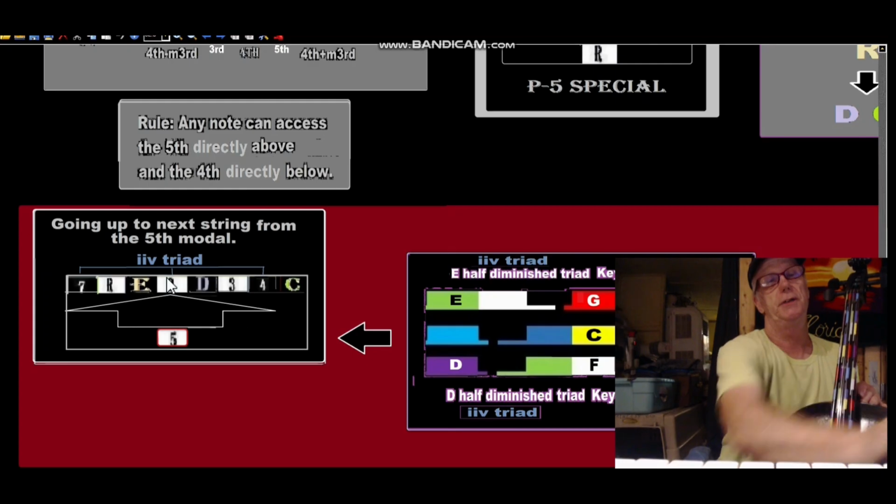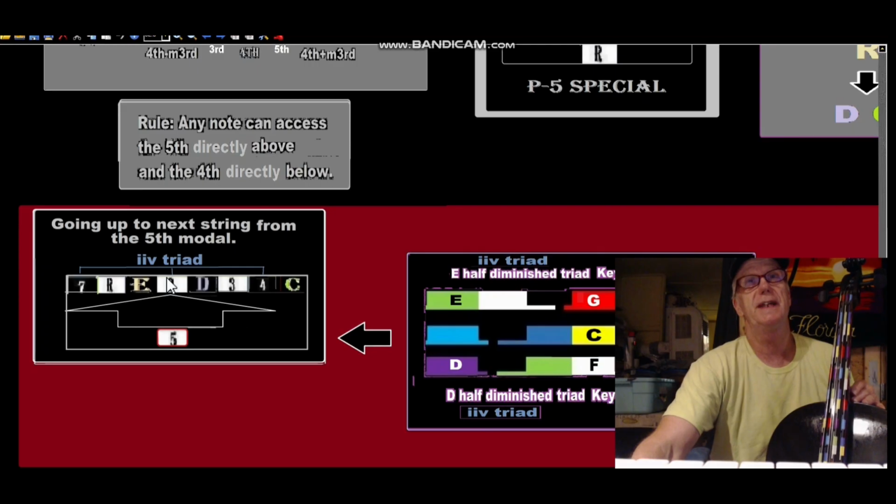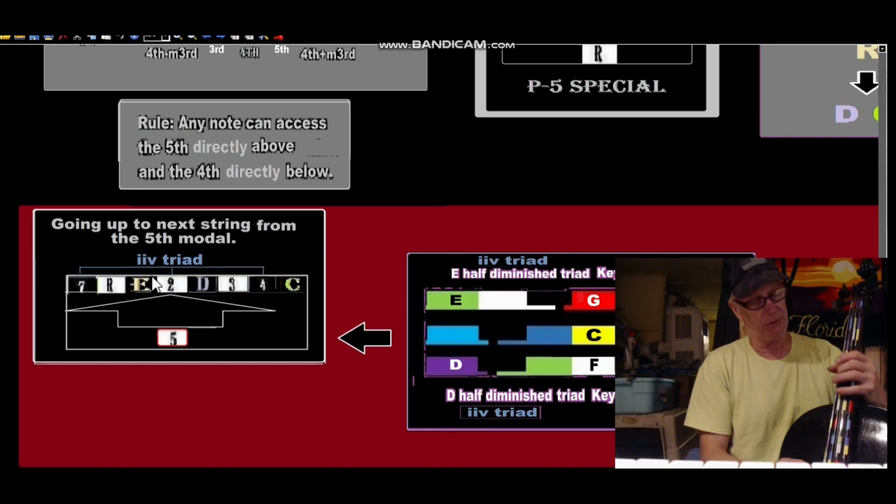So 2 is the second modal scale of Ionian, but it's the 5th of Mixolydian. So it's going up a 5th in counting. But in these string shapes it goes up a 4th actually. But let's not worry about that. The point is the 5 will go right up to a half diminished triad.